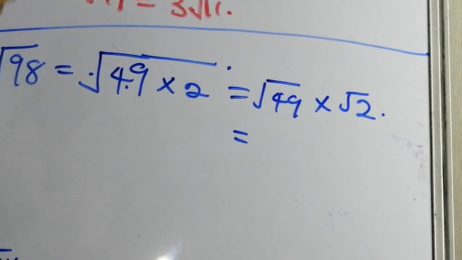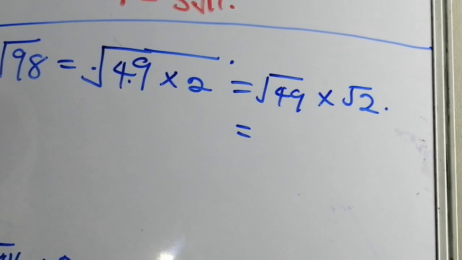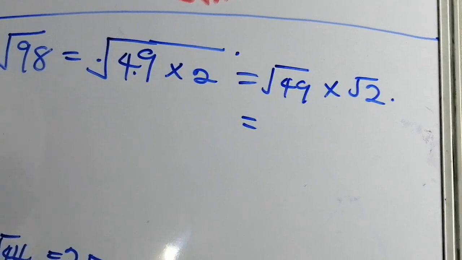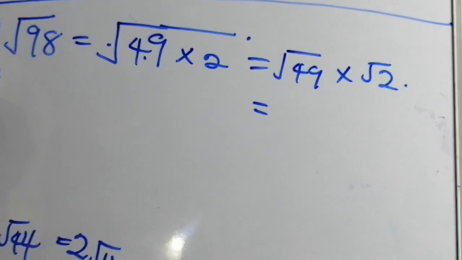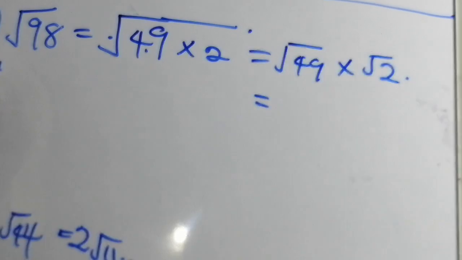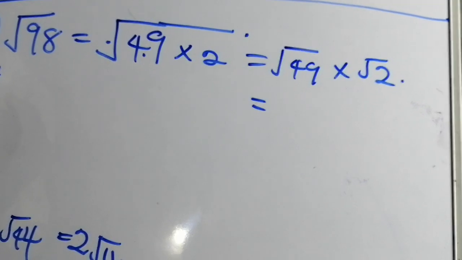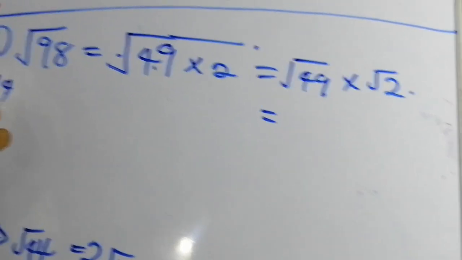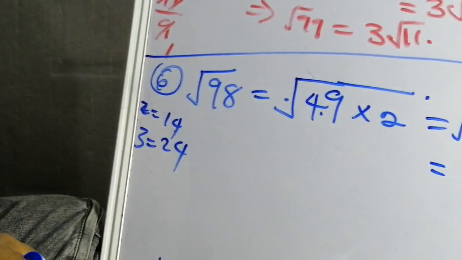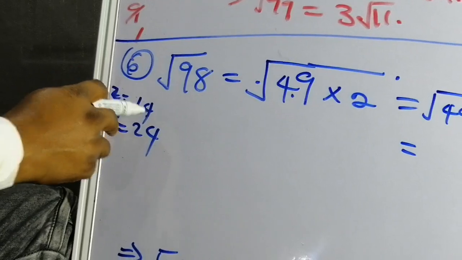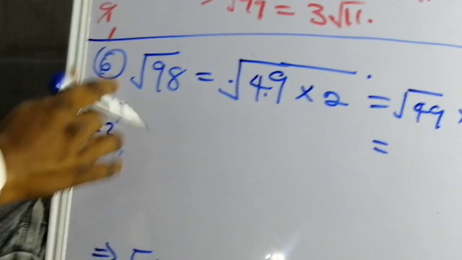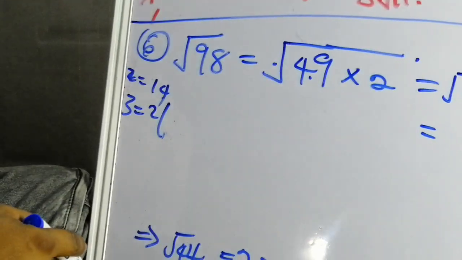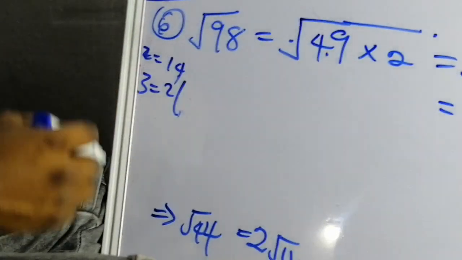7 times 2 is what? 14. 7 times 3 is what? 21.